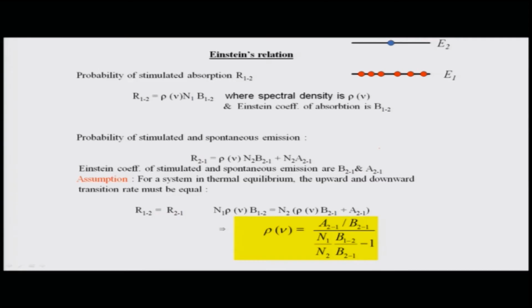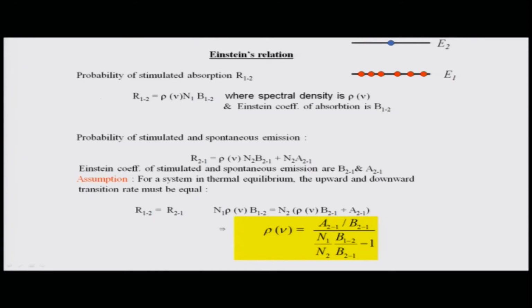We also looked at Einstein's relations, which gave rise to the conditions that we are now talking about. The coefficients that we had defined are the Einstein A and B coefficients, and they can be qualified by labeling them as B12 versus B21, depending on whether we are looking at absorption or at stimulated emission.